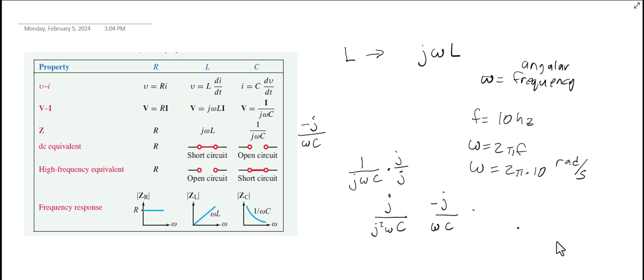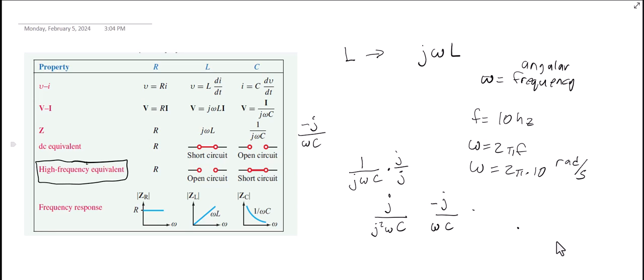Just like you learned last semester, if it was DC, then an inductor acts like a short circuit and a capacitor acts like an open circuit, just like what you're used to. What's different is this high frequency equivalent.